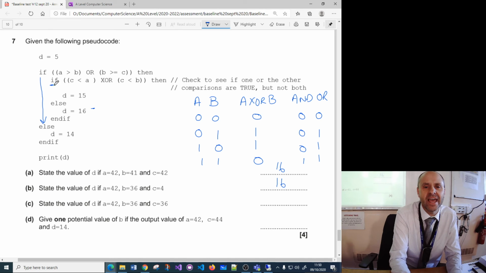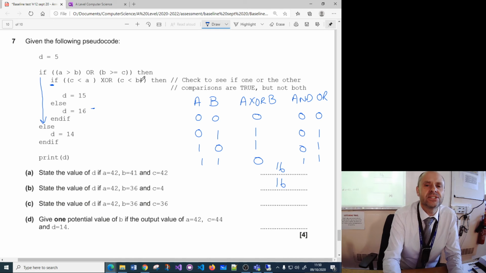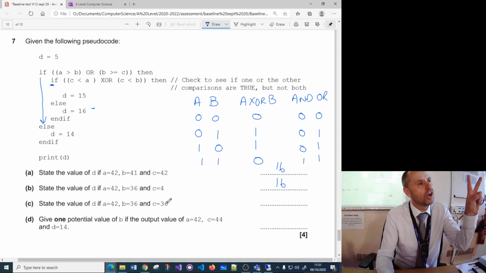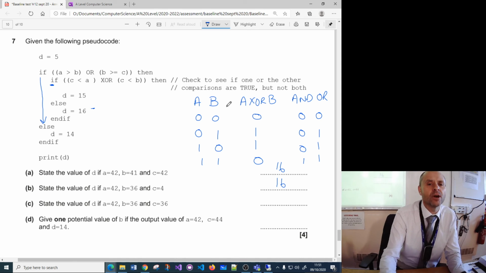So we've got to check this XOR. So we've got, is C less than A? Yes. Is C less than B? No. We've got a difference. We've got a true and a false, which means we're going to output true, which means we should have got 15.